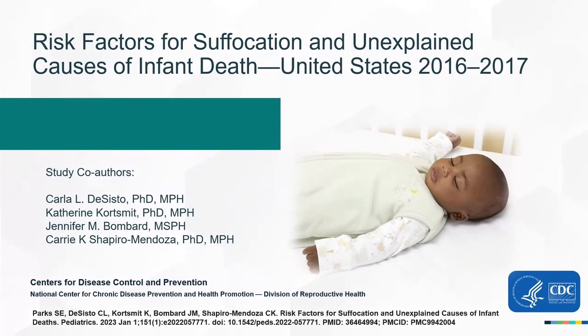And we view this group as the most urgent to address in terms of prevention. Thus, we undertook a study to examine risk factors for this group alongside those for unexplained SUID. So this study, entitled Risk Factors for Suffocation and Unexplained Causes of Infant Death, was published this past January in Pediatrics.